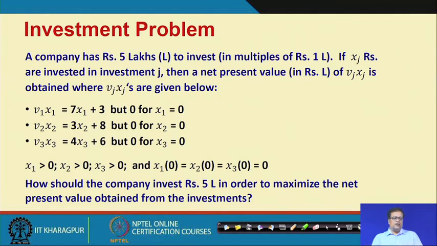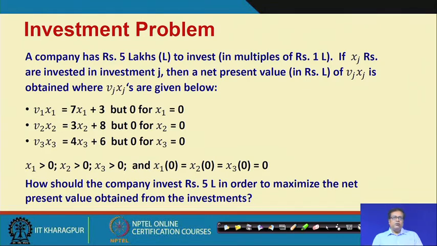The first investment option is V 1 x 1 is 7 x 1 plus 3, but if x 1 equal to 0, obviously if you do not invest anything, then there is no return, the return will be 0.